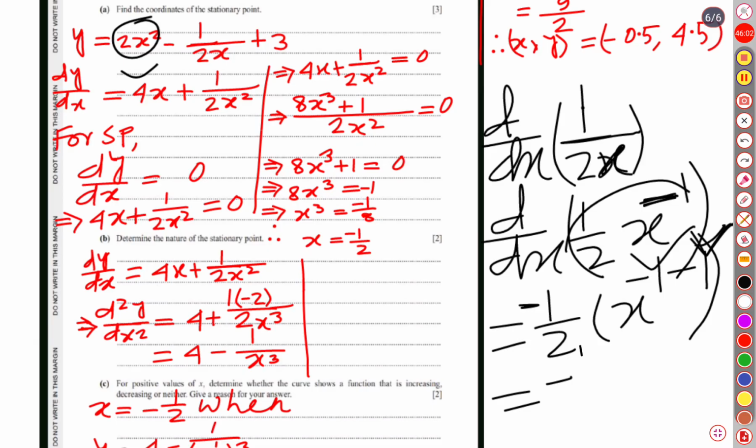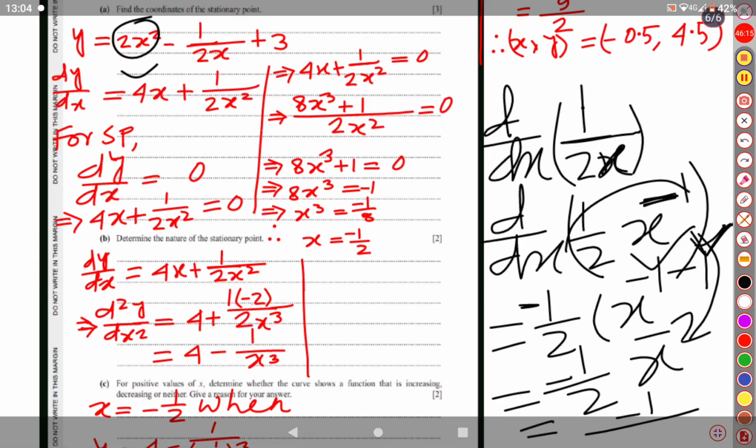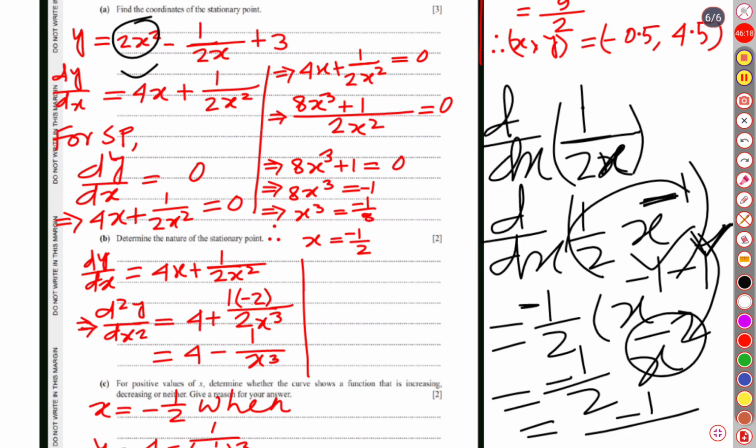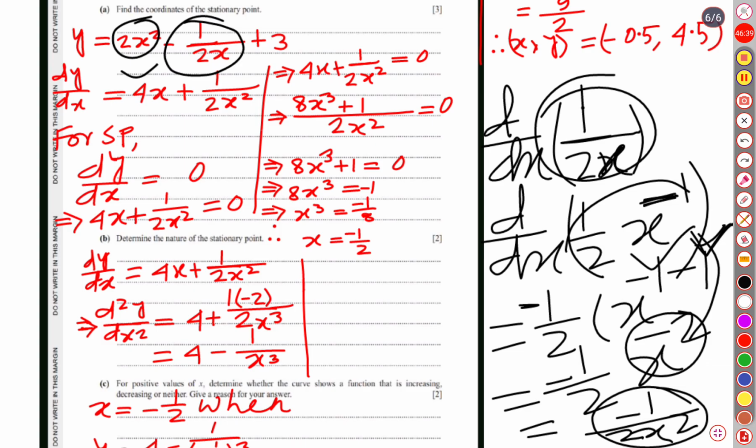So it is going to be negative half, and the exponent of x is going to be negative 2. Whenever exponent is negative, it means it is going to be denominator. That means x to the negative 2 means x square is the denominator. So ultimately what have we got? That the derivative of 1 over 2x is negative 1 over 2x square. That is what we have written here.